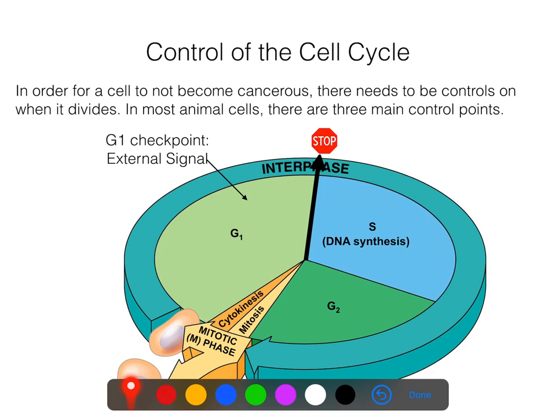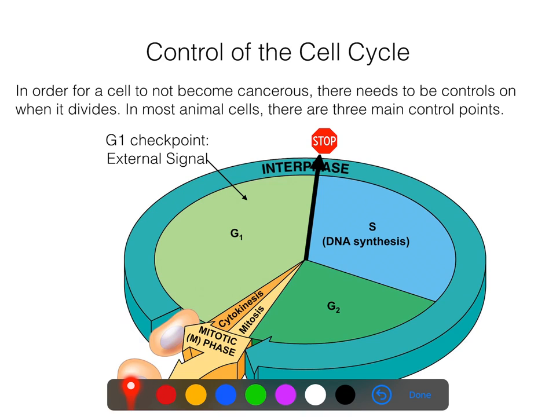As a cell is approaching the end of G1, there is what's called the G1 checkpoint. This is the checkpoint where the cell is trying to decide, is it supposed to divide or not?